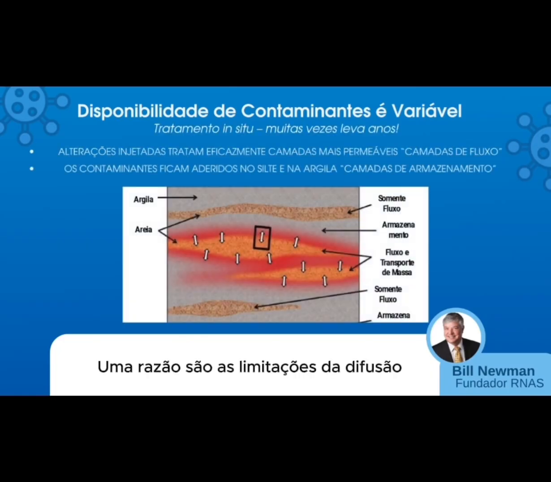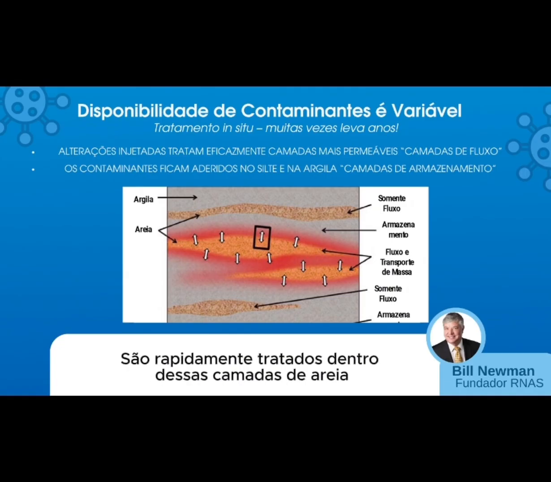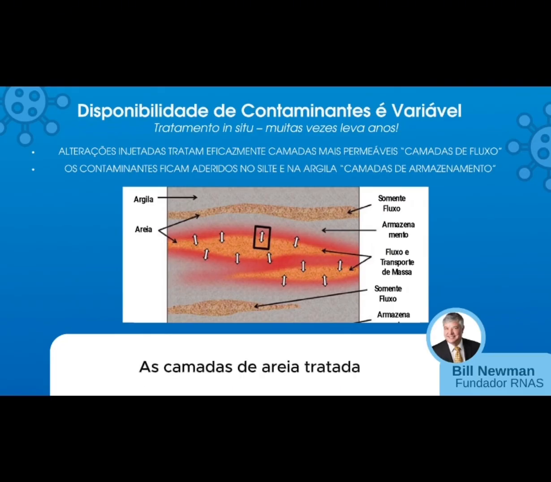One reason is the diffusion limitations. We often have a complex geology where our injected materials tend to go in the more permeable sand layers, as illustrated here, and then the contaminants are rapidly treated within those sand layers, but the contaminants that are trapped or stored in the less permeable silt or clay layers can then slowly diffuse back out and recontaminate the treated sand layers.